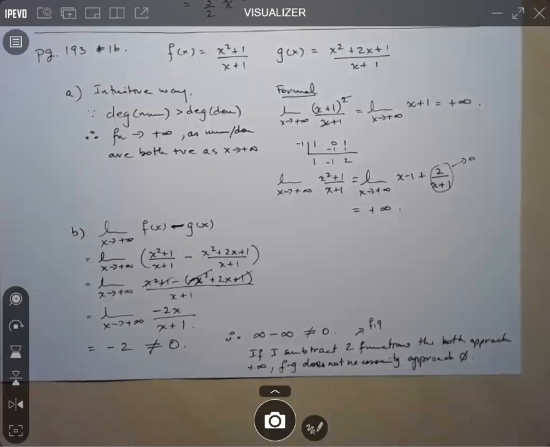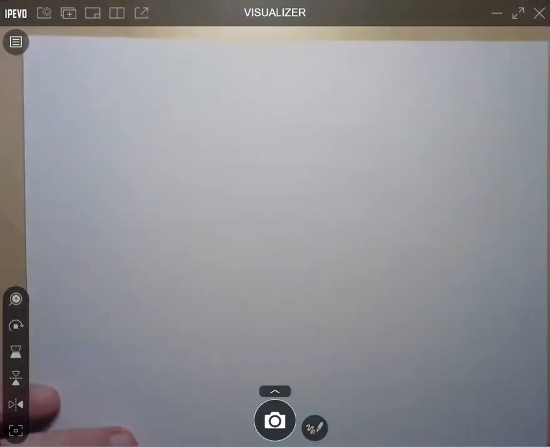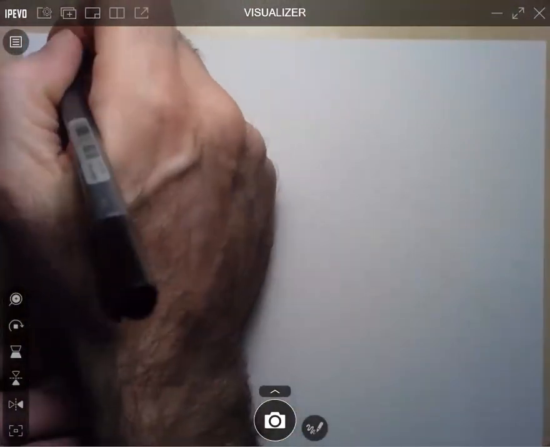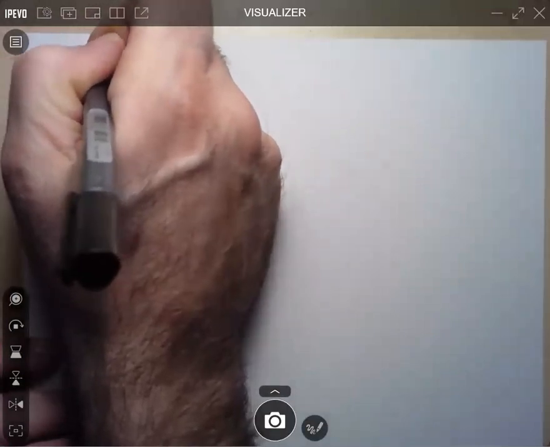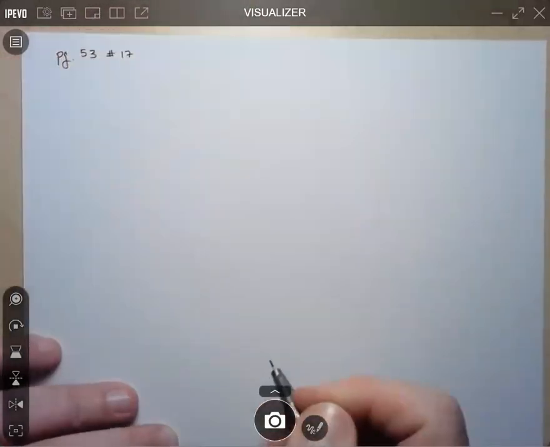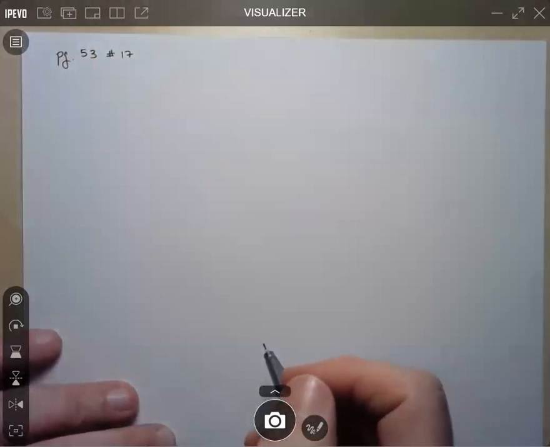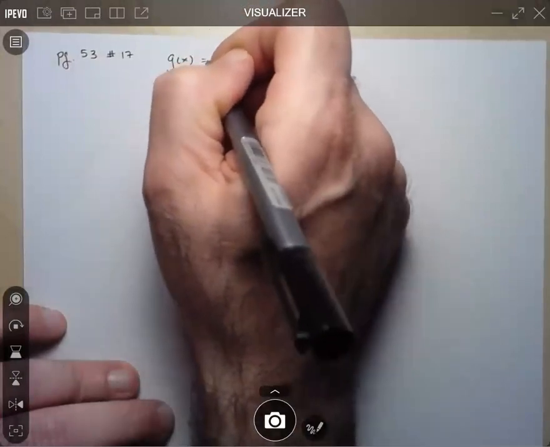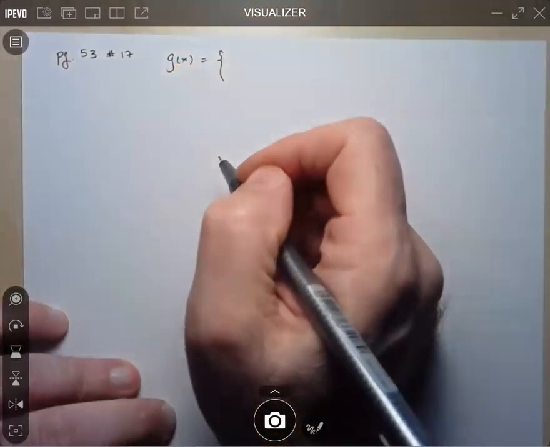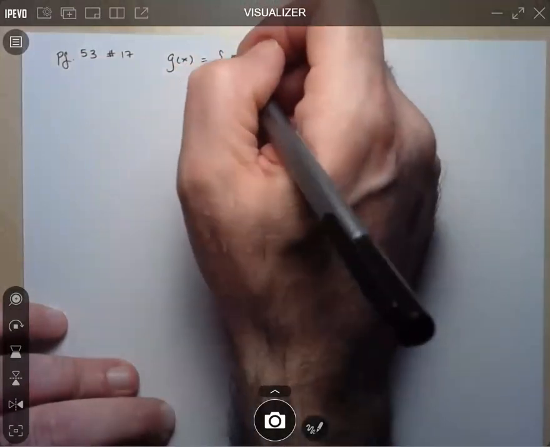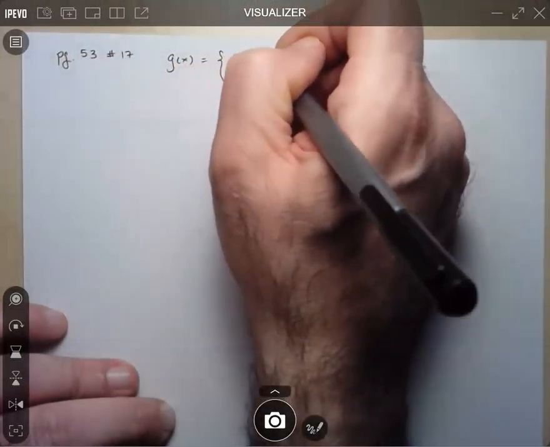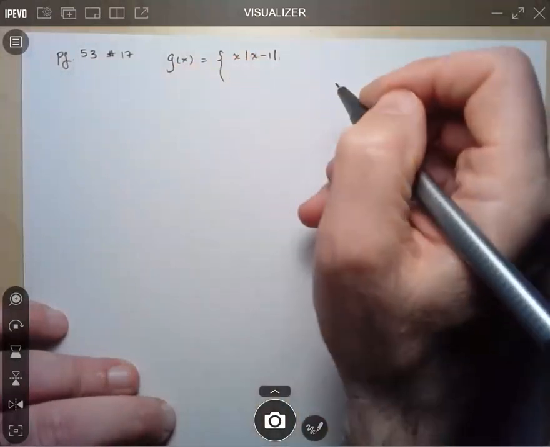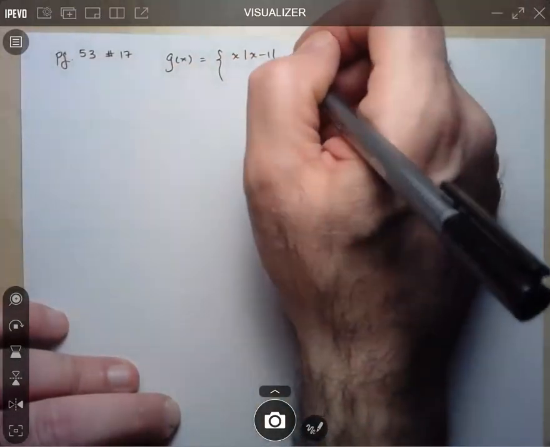So page 53, just get new paper. So it's page 53, number 17. And here they give us this function, which is defined as x times absolute value of x minus 1 if x is not equal to 1.